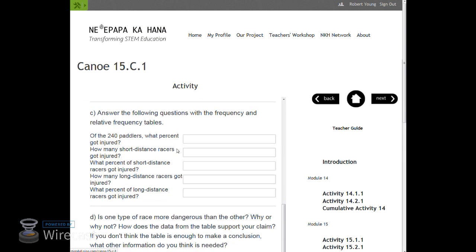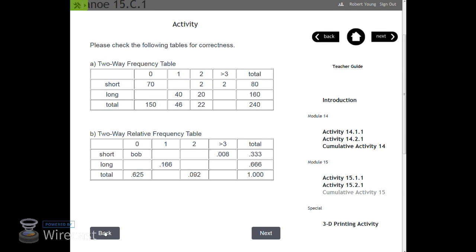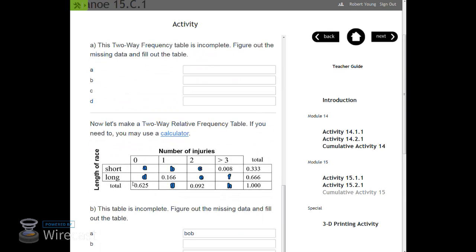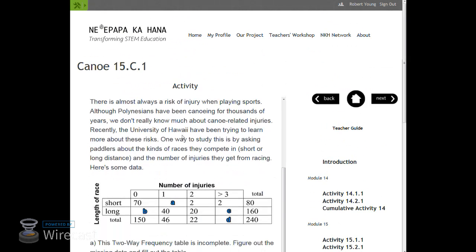Okay. Let me go back to the beginning. Okay. This activity, we are talking about injuries that are sustained during canoeing. So we're comparing short races and long races and the rates of injury.